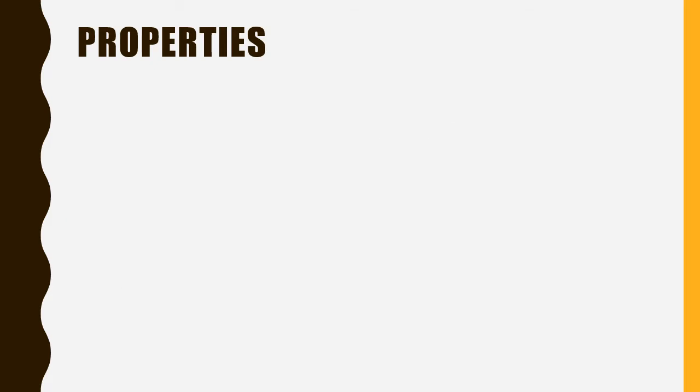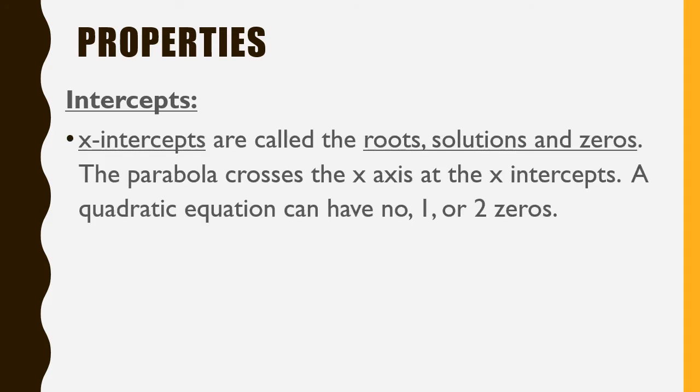The next property that we're going to talk about is the intercepts. We have the x-intercepts, which are called roots, solutions, or zeros, and the x-intercept is where the parabola crosses the x-axis. So a quadratic equation can have no x-intercepts if it looks like this.